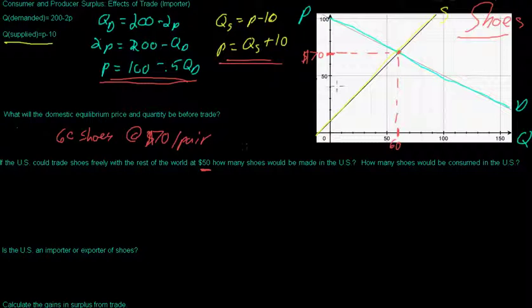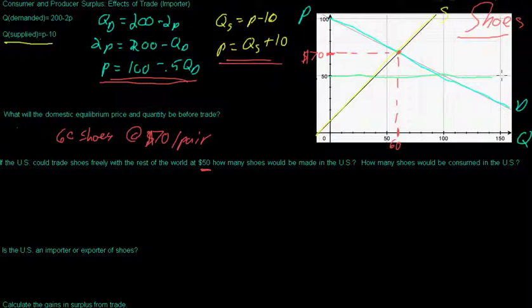This isn't too much of a weird assumption, but it can get kind of funky. You won't deal with relaxing that assumption in this class, I don't think. So for now, we're just assuming that you can have as many shoes as you want if you can sell them for $50. In the domestic market, I just use the US because it's easy for Americans to think about, but it could be any domestic nation.